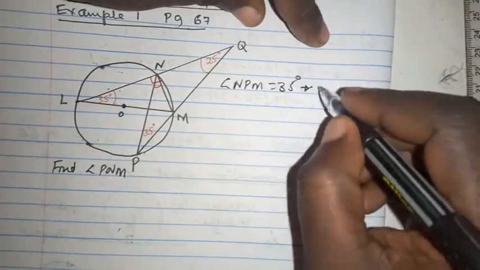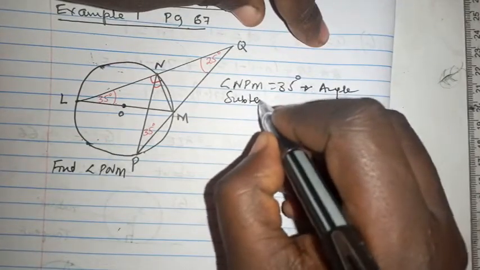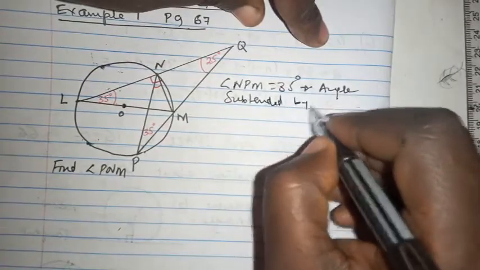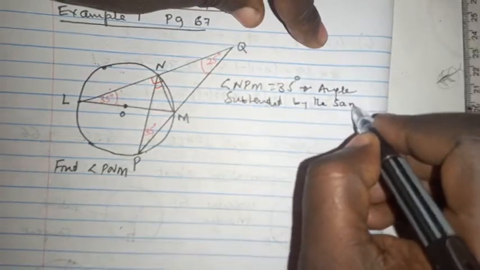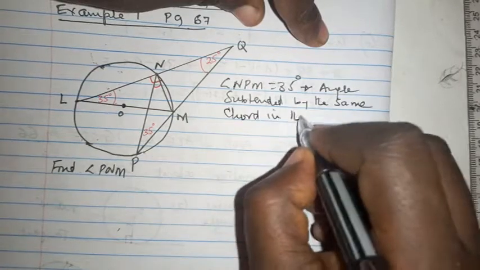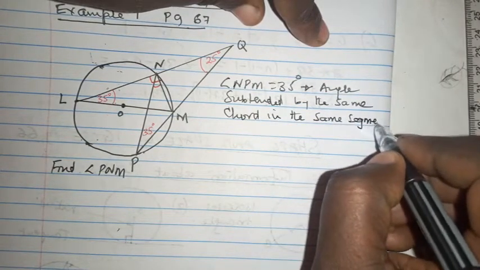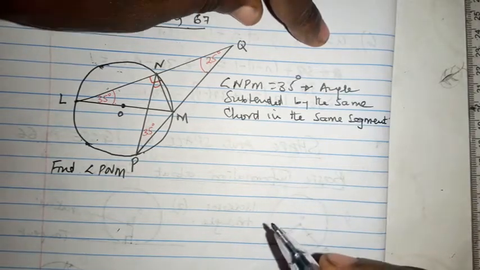And the reason being, angles subtended by the same chord in the same segment are equal.